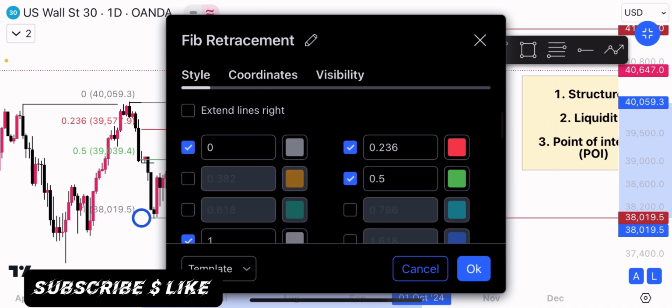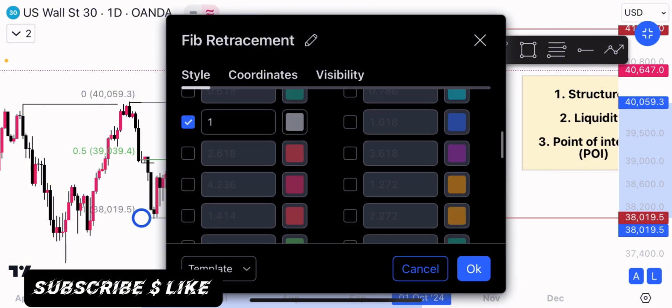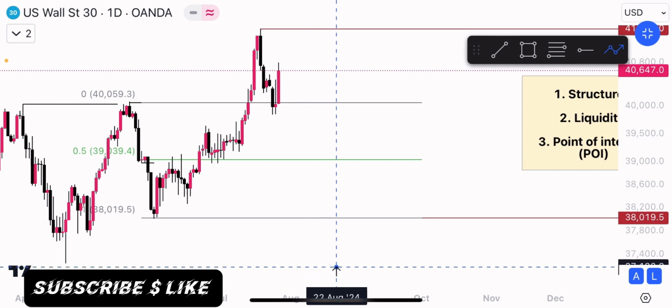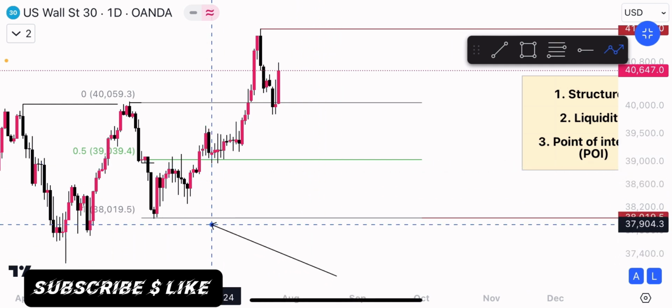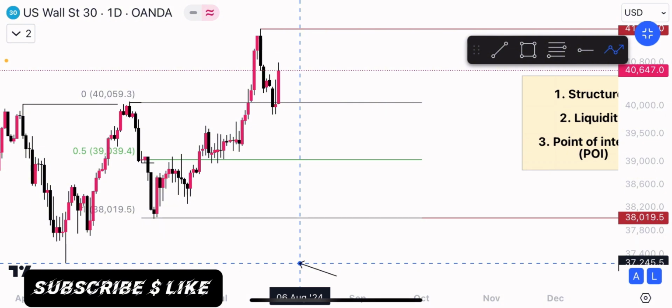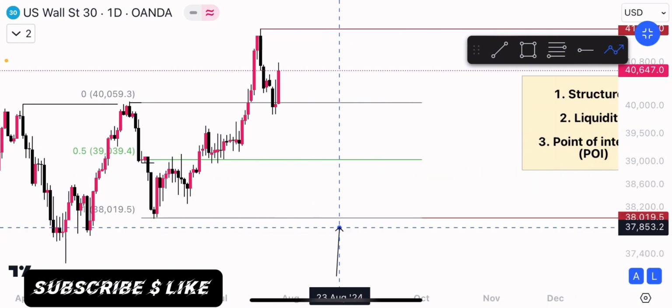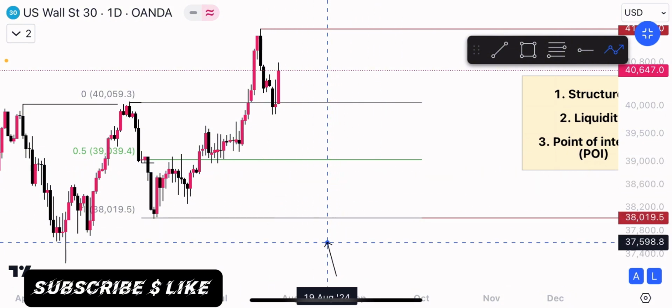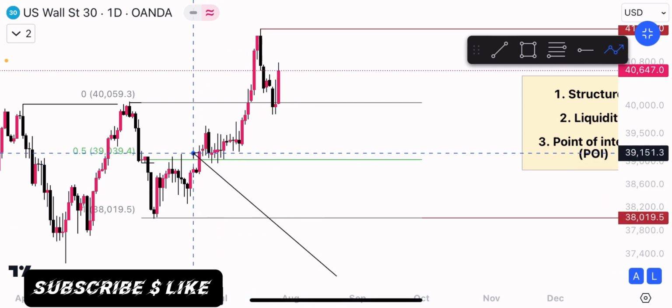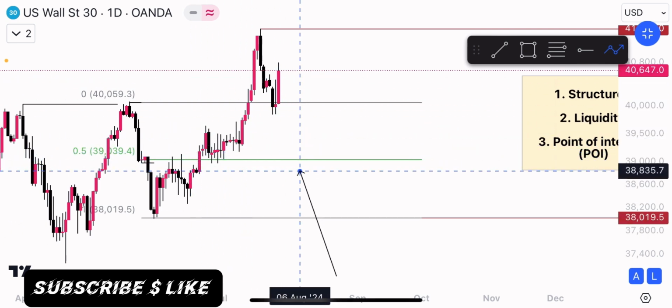We're going to leave only the 0.5 and 1 level, okay? So from this low to this high that was broken, we are not meant to be interested in any zones that will be above this 50% level, okay?